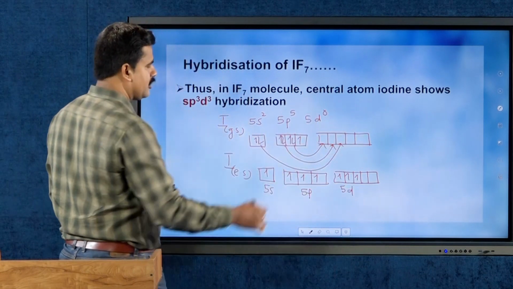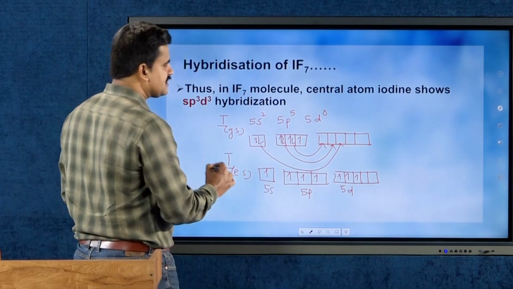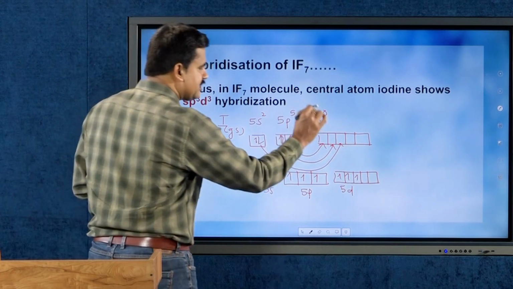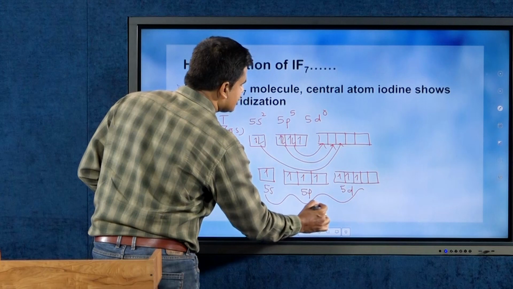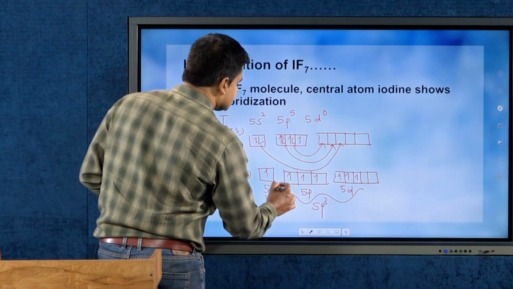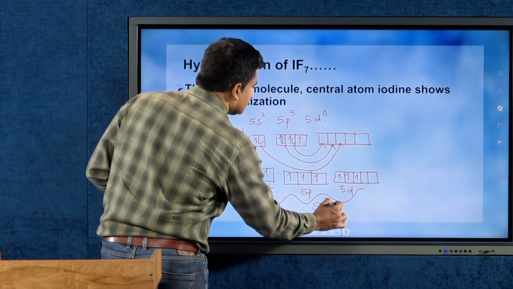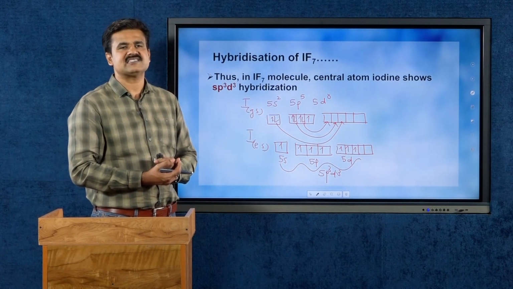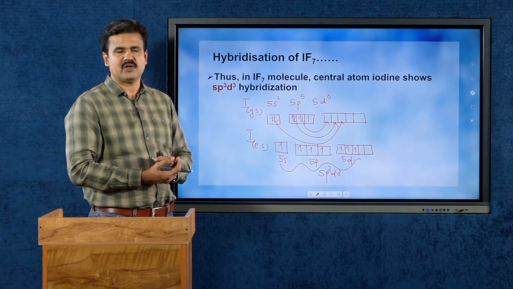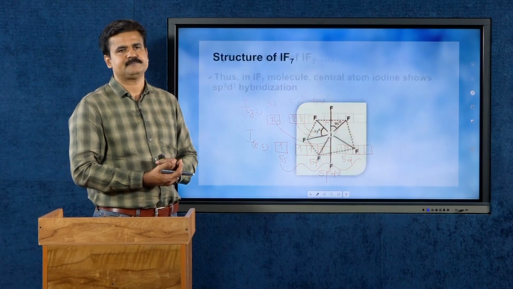All these half-filled orbitals, namely 1 s orbital, 3 p orbitals and 3 d orbitals, undergo a hybridization scheme. That hybridization is nothing but sp3d3. So this is the explanation of sp3d3 hybridization in the IF7 molecule, the central atom being iodine.